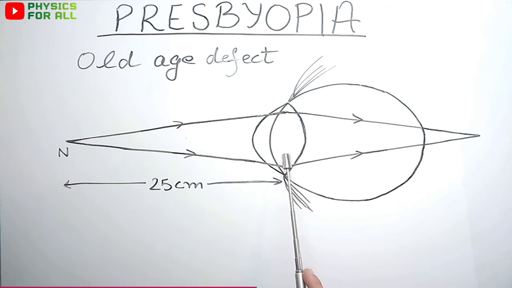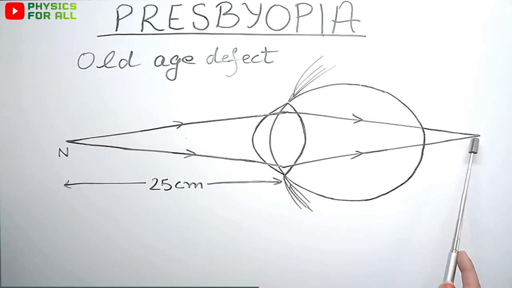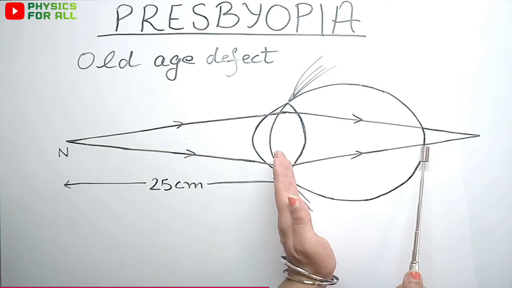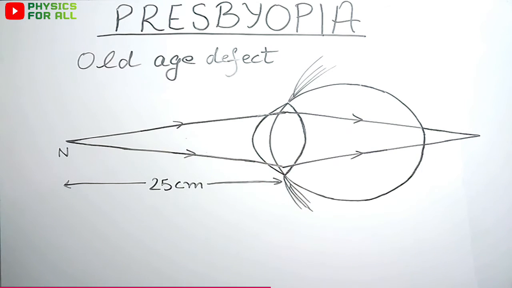What if the lens is working properly, it's forming the image where it should have been, it's contracting and relaxing properly, but the eyeball has shortened up. If it used to be here, now it has shortened up, and that's why we are not getting the image on the retina. So these are the two reasons that we face in hypermetropia.